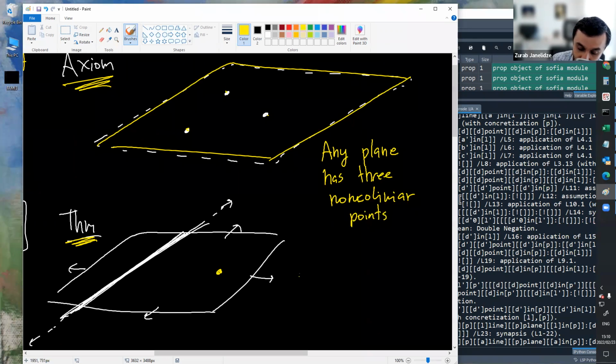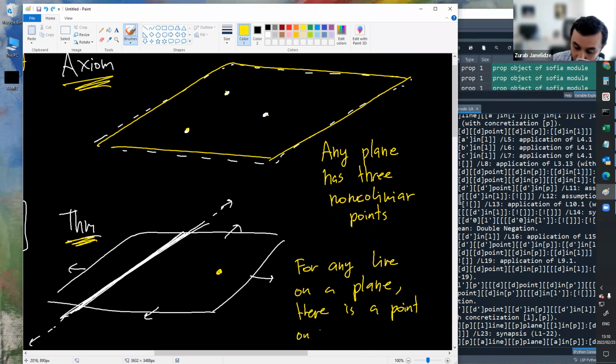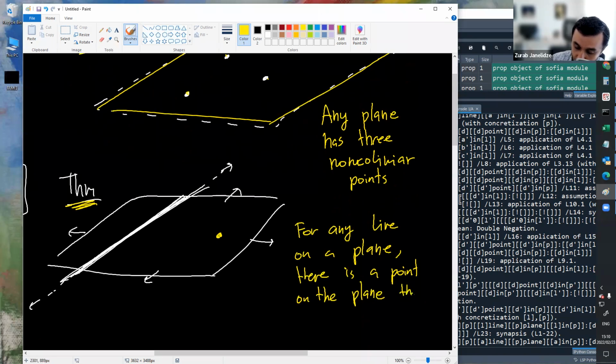And the theorem says, for any line on a plane, there is a point on the plane that falls outside the line.